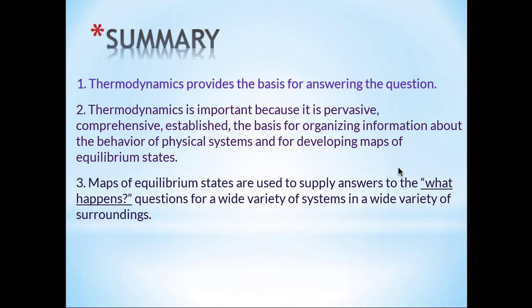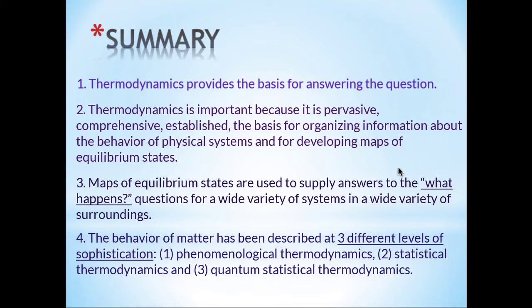And last but not least, the behavior of matter has been described at three different levels of sophistication. First is phenomenological thermodynamics. The second one is statistical thermodynamics. And finally, quantum statistical thermodynamics.